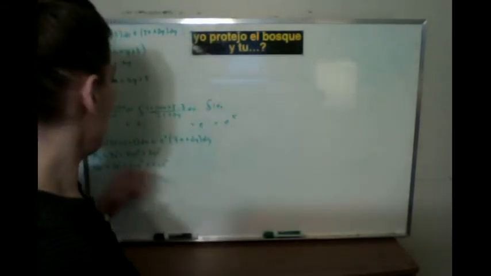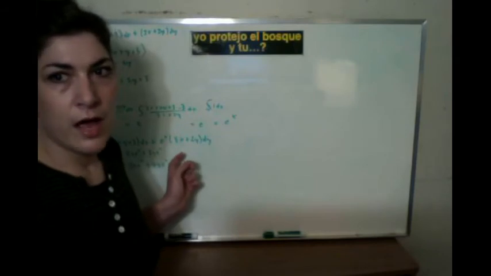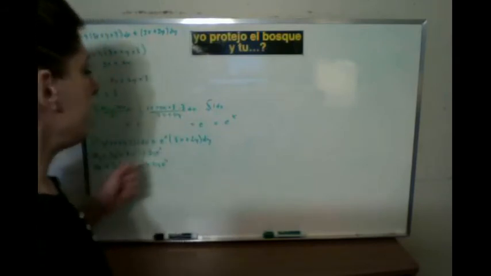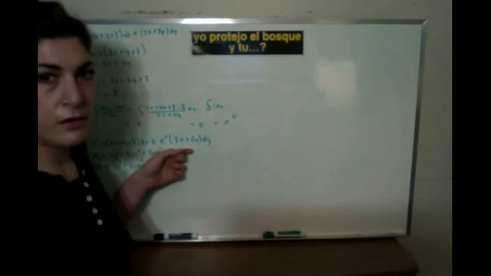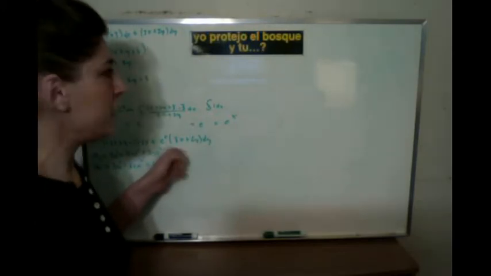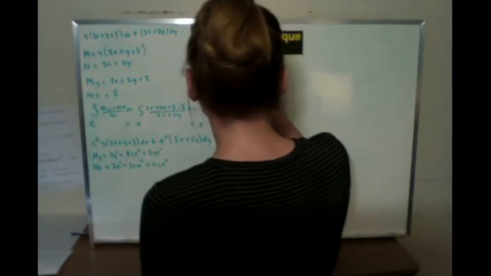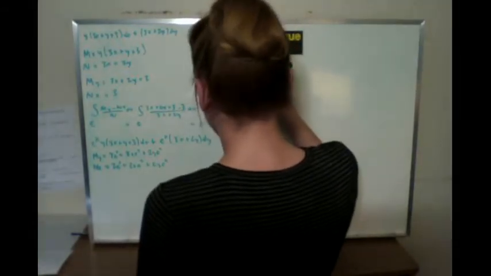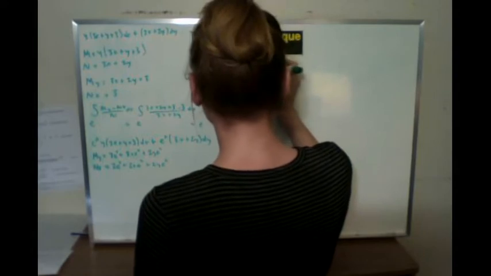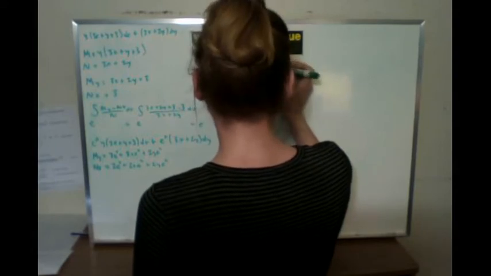To solve, we want to integrate either M or N. In this case, it's easier to integrate N with respect to y. So this gives us the integral of e to the x times (3x plus 2y) dy.